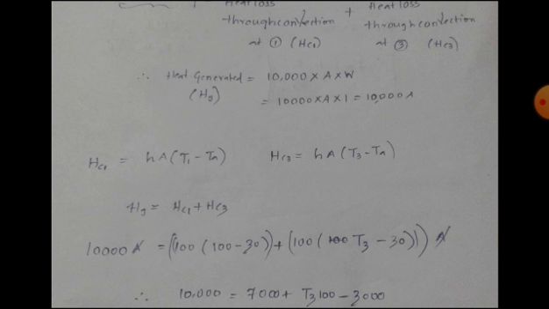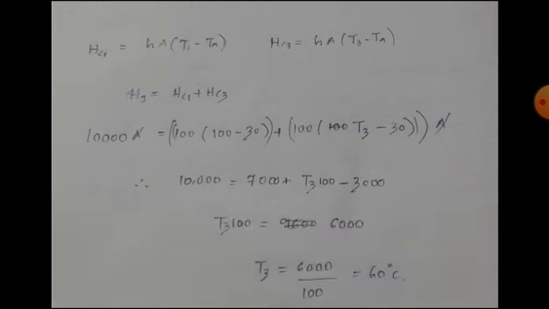Okay, all the values are known except T3. Well, if we solve, we can directly get the temperature T3 value as 60 degrees. According to my derivation it is T3, but according to this question it is T2. Okay, don't confuse it. Therefore the answer is 60 degrees Celsius.